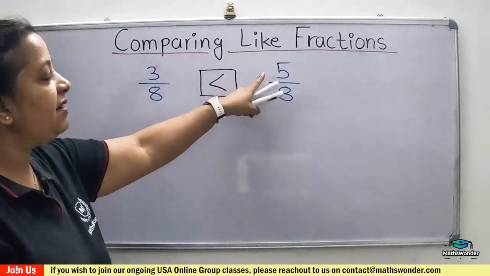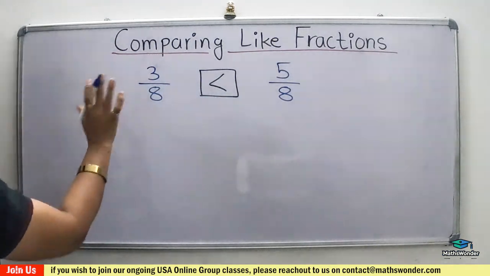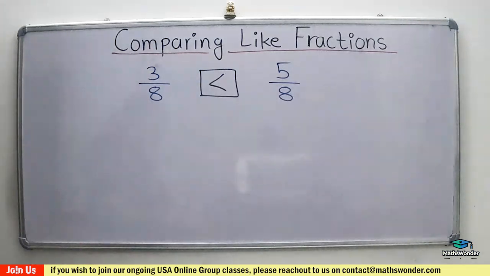That's why 5 over 8 is greater than 3 over 8. Note that the number of parts taken is given by the numerator. Clear that for two fractions with the same denominator, the fraction with the greater numerator is greater. This is the comparison between two numbers.